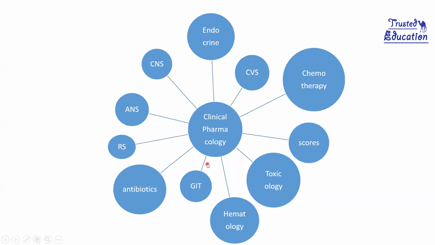Okay, let's move to the biggest part and the most difficult part of the exam. It's the clinical pharmacology, which we know from our study in the university is the most difficult subject in pharma.